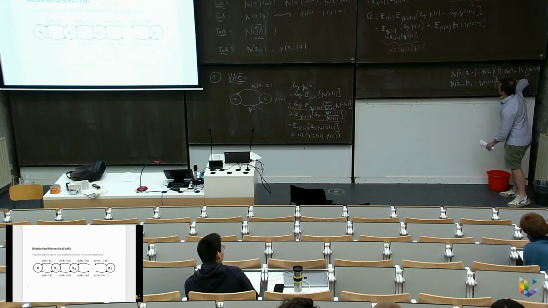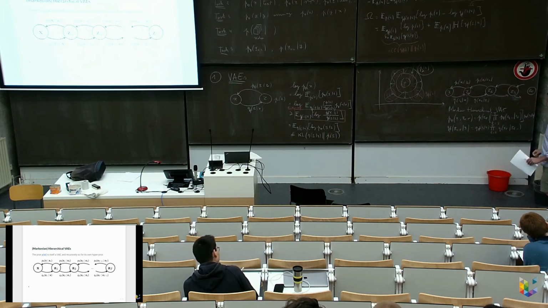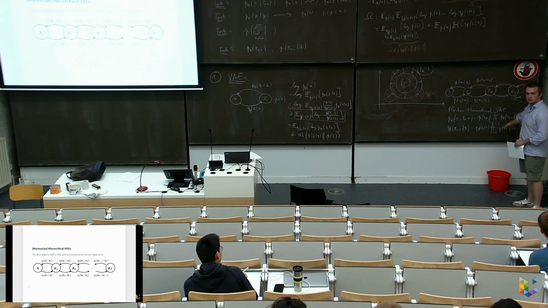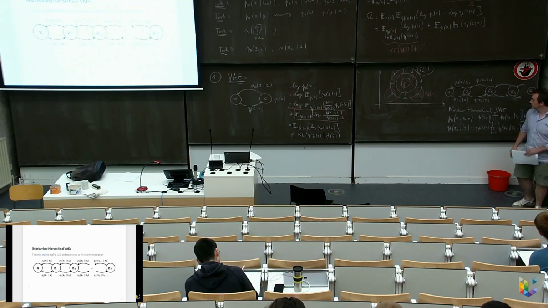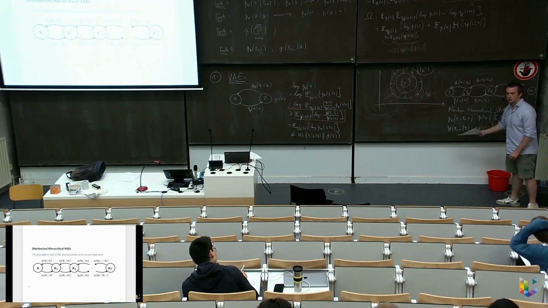Okay, so when I'm drawing this, it's the same as saying that I assume these factorizations for the joint generative distribution and for the joint variational distribution.